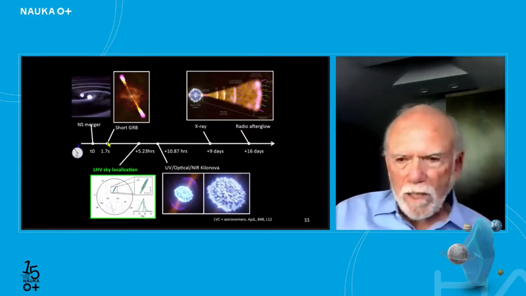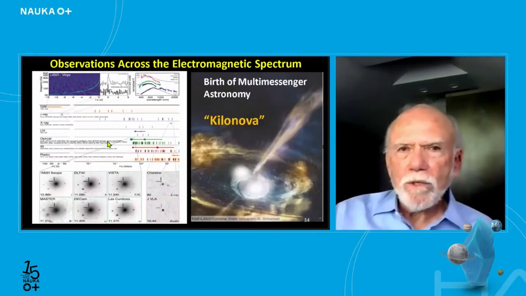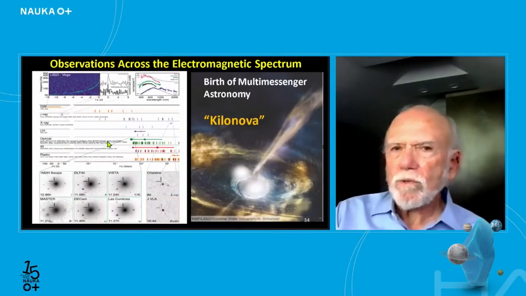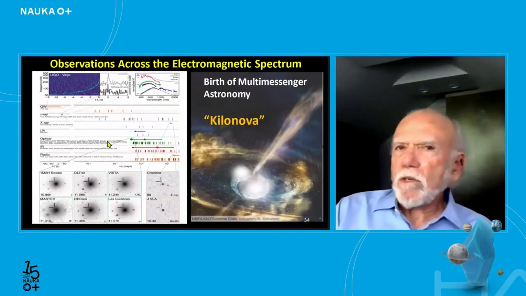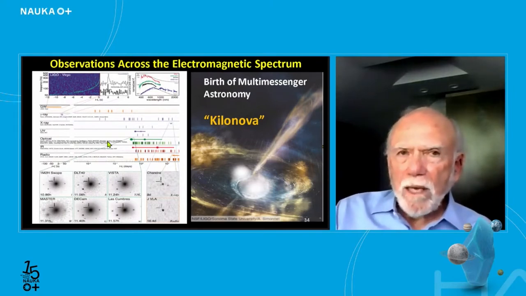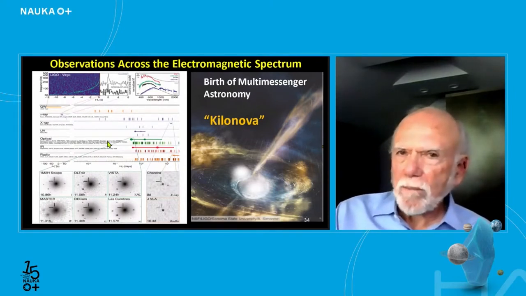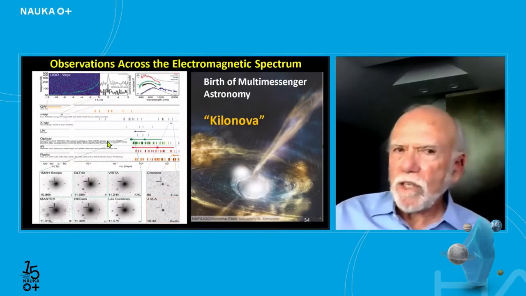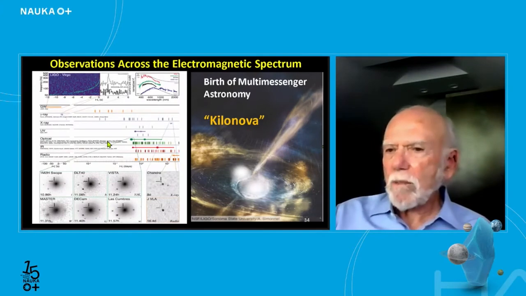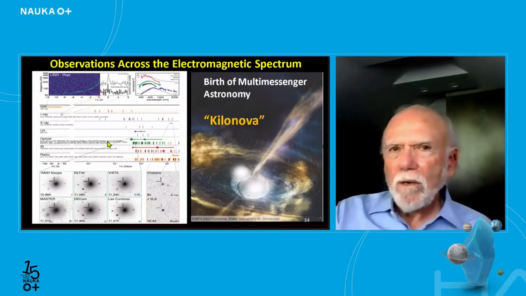Using all that information, we were then able to fit it to a picture of what happens when these neutron stars merge. It's a picture that in the literature is called a kilonova. And I won't explain that. That's the nuclear physics of this coming together and the amount of energy that gets released. After you look at all the different wavelengths, the picture is very consistent with this model.